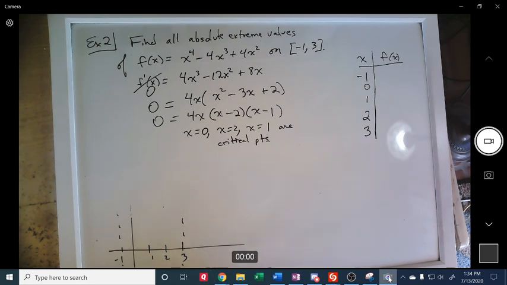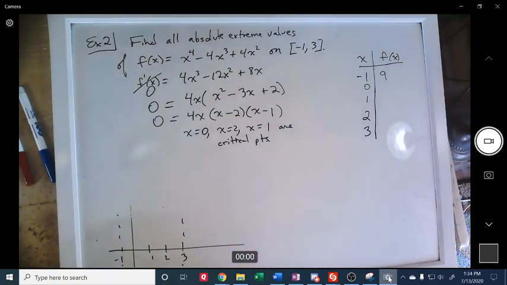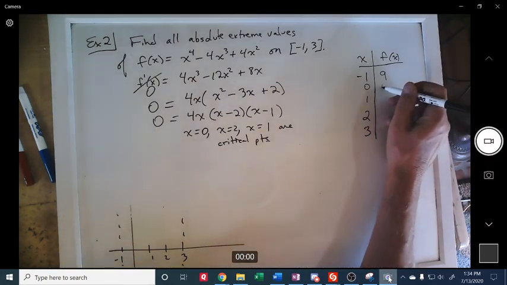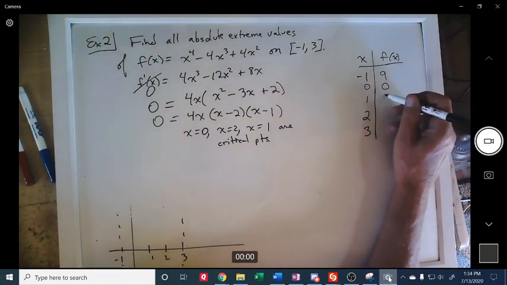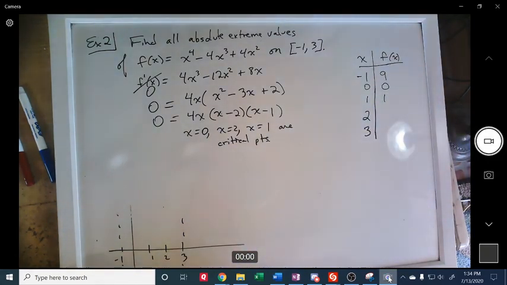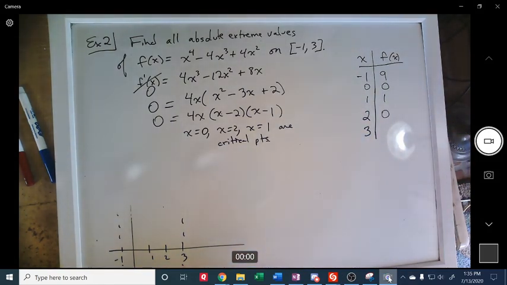So when x is -1, I get 9. When it's 0, I get 0. When it's 1, I get 1. It's 2, I get 0.